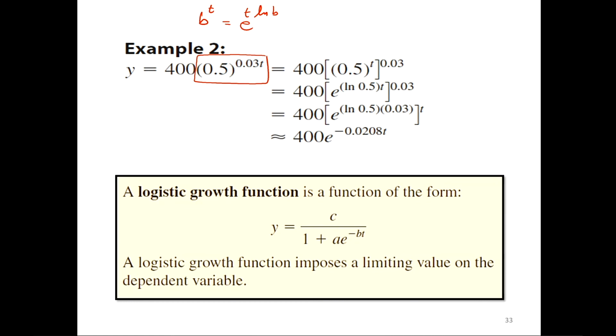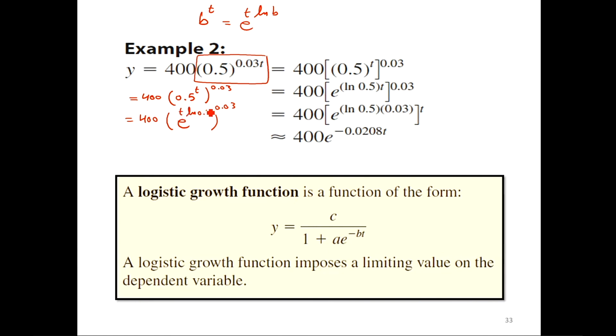So firstly put it as 0.5 to the power t, all to the power 0.03. Convert this one to exponential, so we have 400 e to the power t ln 0.5, all to the power 0.03.